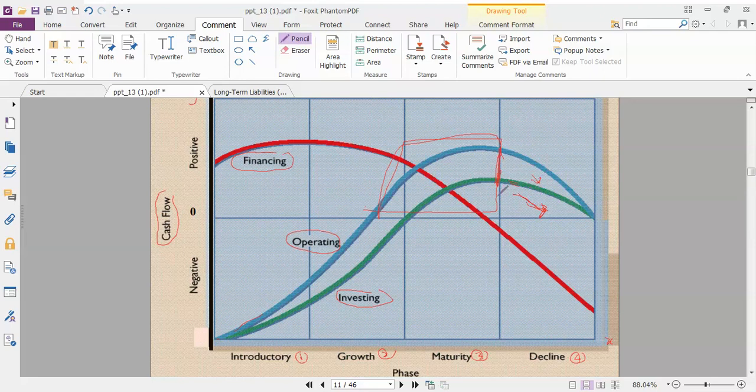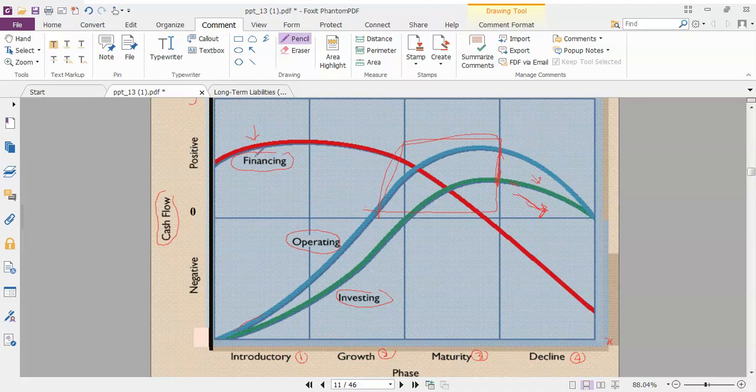But that is different with financing. Financing means that we buy some assets that are used to produce that product.